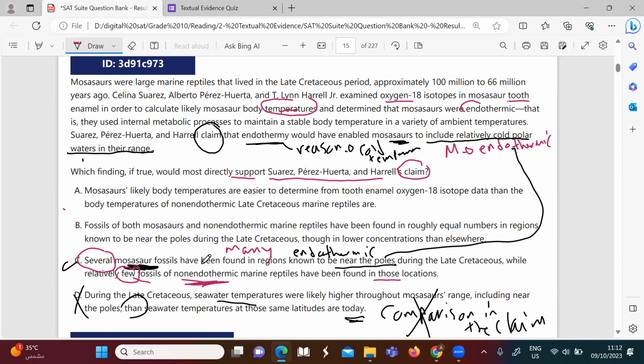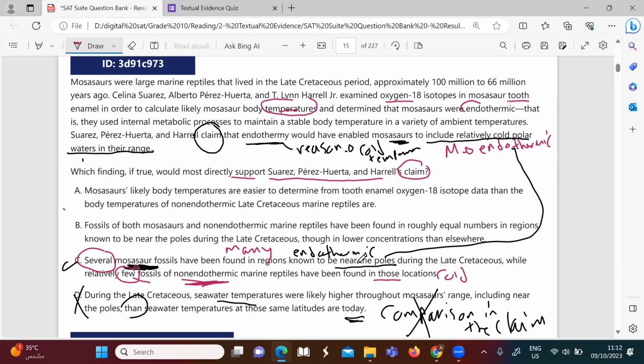they were endothermic. So many of these endothermic fossils were near the cold water because they were endothermic, which enabled them, helped them tolerate and be in cold places. But there were very few in those locations, cold locations.